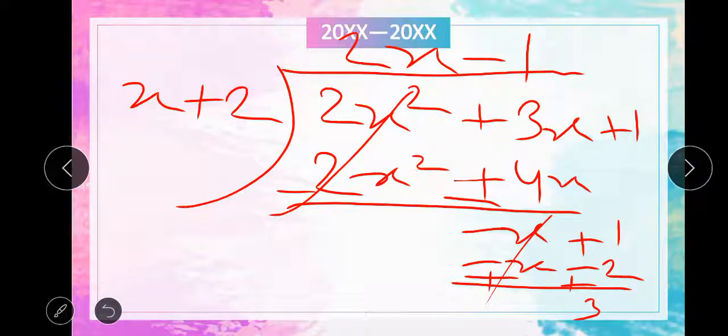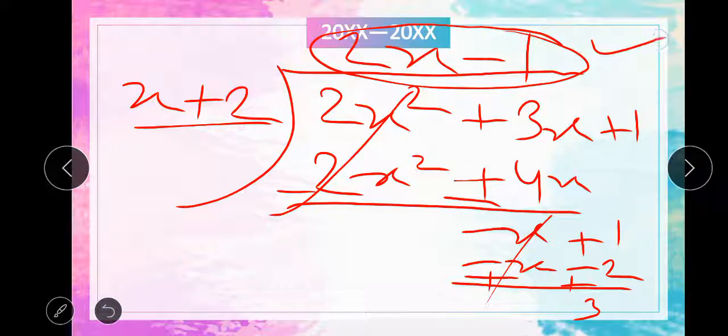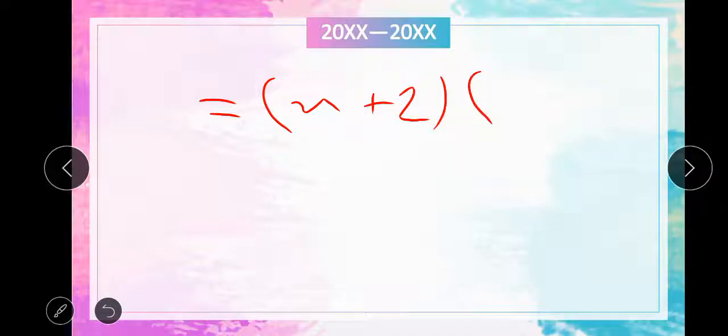Now let us verify it. To verify it, multiply the divisor and quotient and then add the remainder. Then multiply x plus 2 with 2x minus 1 and then add the remainder.